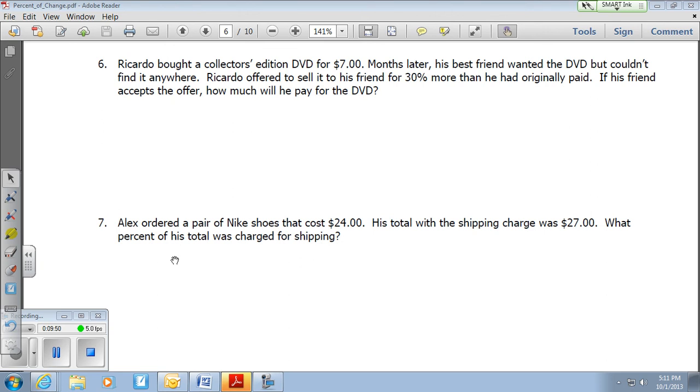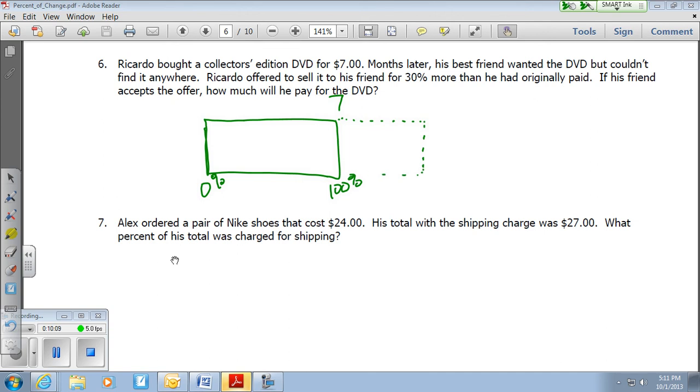If his friend accepts the offer, how much will he pay for the DVD? So our percent bar is going to look like this. We always start with 0% and 100%. The 100% was the original 7, but he's going to do it for 30% more. So we're going to extend this out to 130%, and we want to know what that amount is.